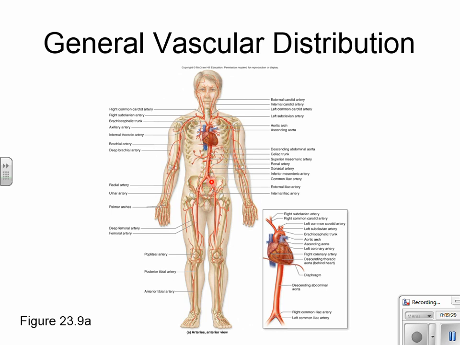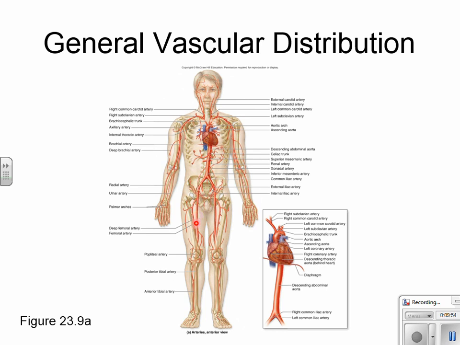And as that goes down inferiorly, we would have an internal iliac, which stays in the pelvis, and then we would have an external iliac that actually is the one that will go down and turn into the femoral. So we could say that the external iliac artery gives rise to the femoral artery.